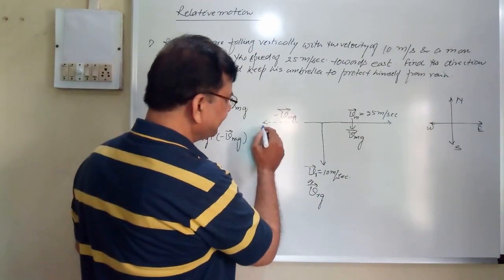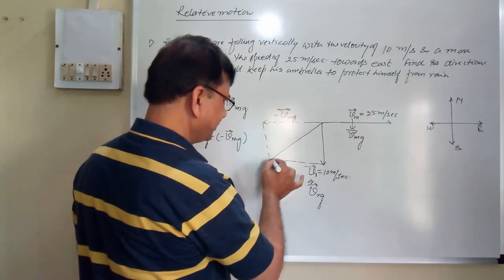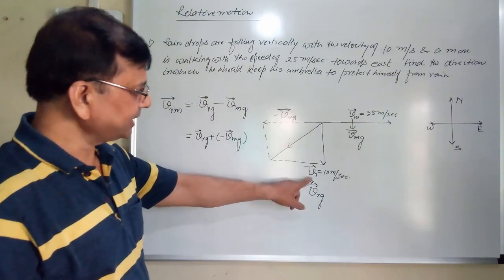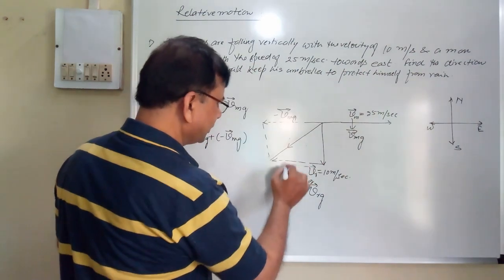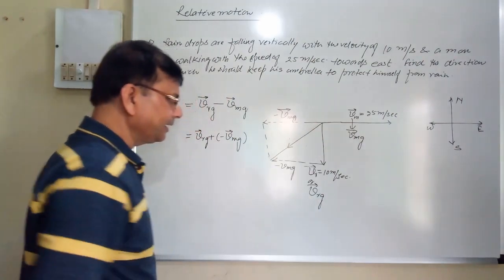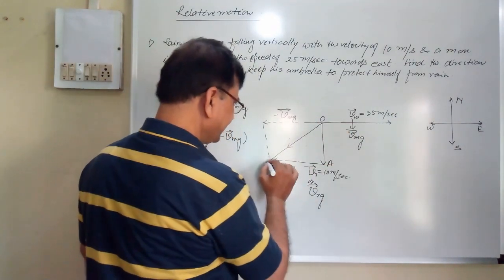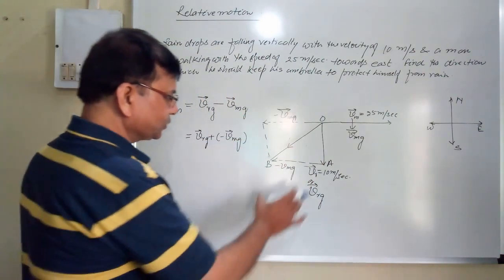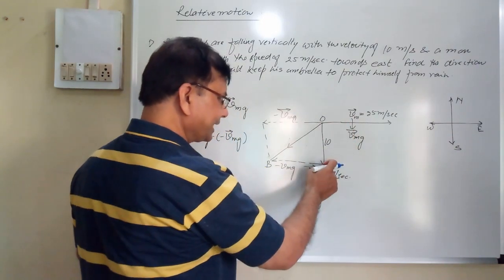So for the resultant, complete the parallelogram. Resultant of these two vectors, minus VMG and VRG. This is also in this direction, that is minus VMG. By magnitude, suppose this is O, this is A, this is B. This magnitude is 10 meters per second in this direction.